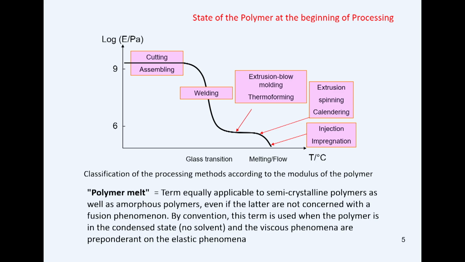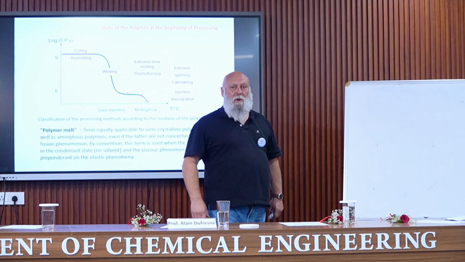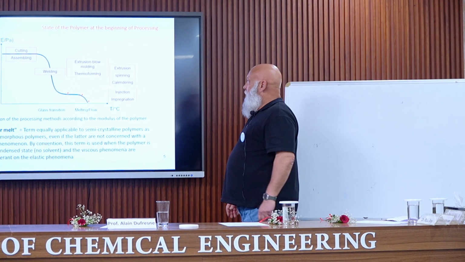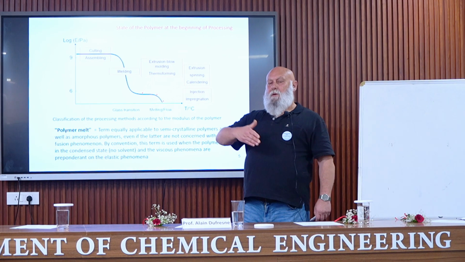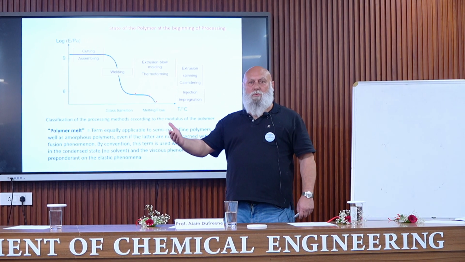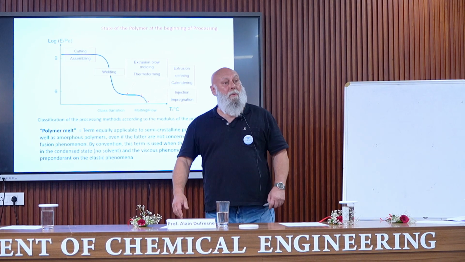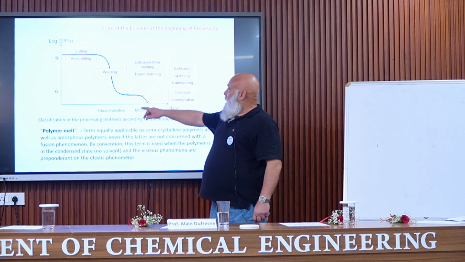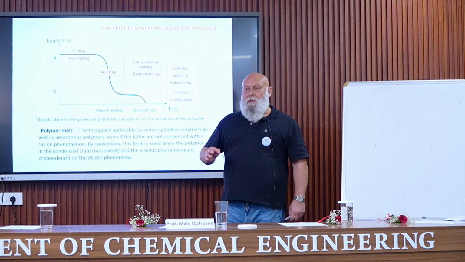At low temperature, the modulus of the polymer is around 1 gigapascal for any polymer. And by increasing the temperature, the material passes from a glassy state to a rubbery state. And so we have a sharp drop in the stiffness of the material, down to about 1 megapascal when considering an amorphous polymer, so it's higher for a semicrystalline polymer.